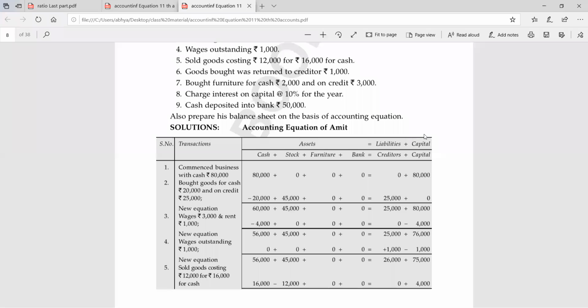Now we have sold goods. So I told you earlier also that whenever we sell goods, it will affect our stock. So will stock increase or decrease by the sale of goods? It will decrease. Very good. So we will be deducting 12,000 from stock. Now you have to see whether the transaction is on cash or credit.